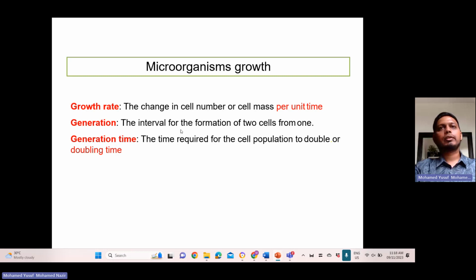Where the interval of formation from two cells, from formation of two cells from one cell. And then generation time is actually the time required for the cell population to double, or the other term that we can use is doubling time.